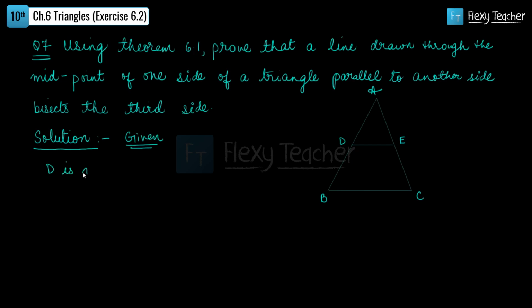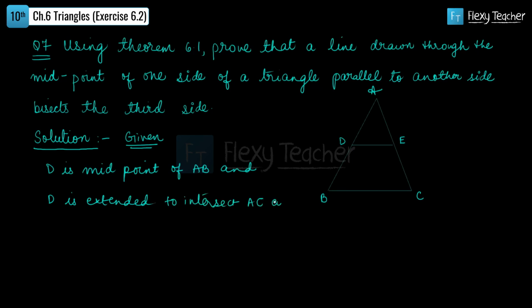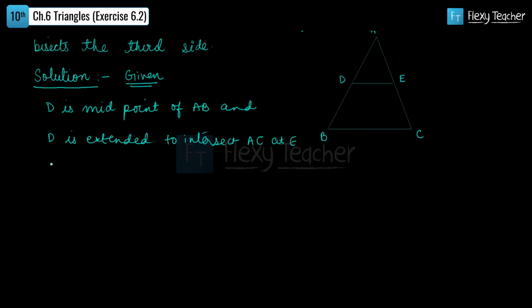D is midpoint of AB and D is extended to intersect AC at E such that DE is parallel to BC. ये हमारे पास already information दी हुई है.